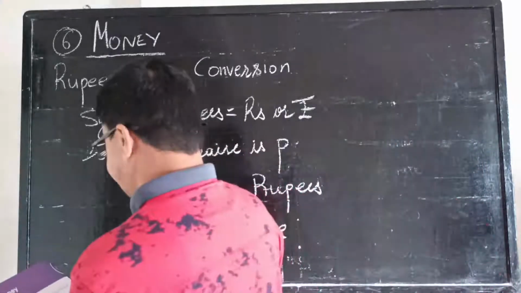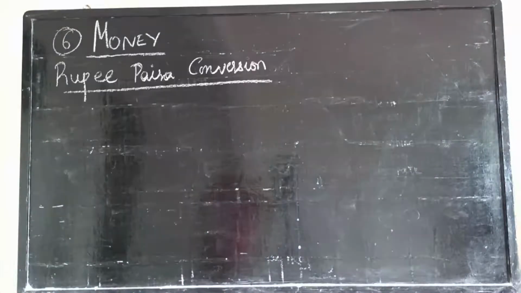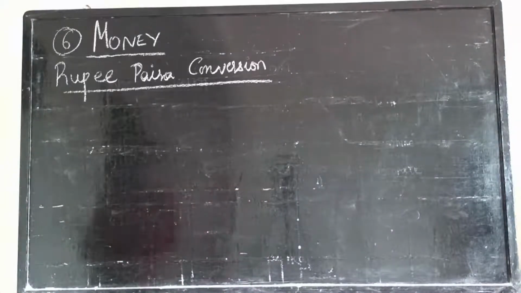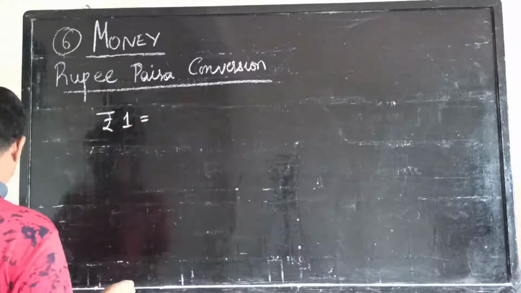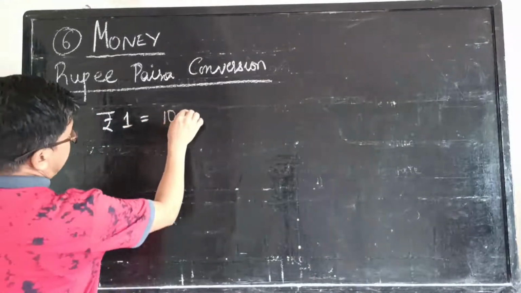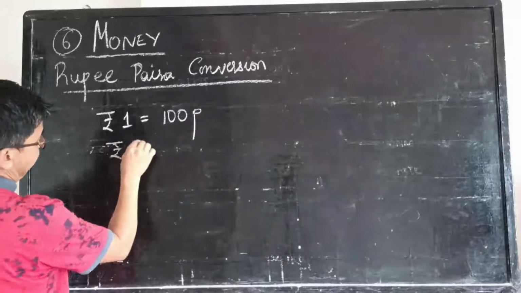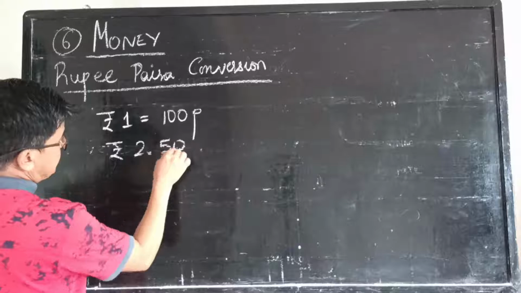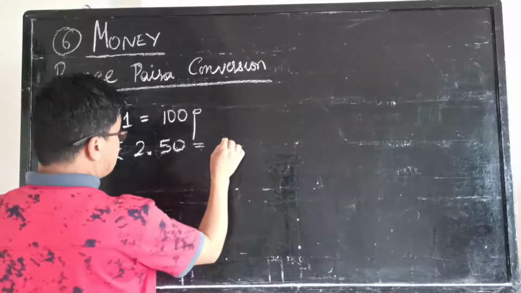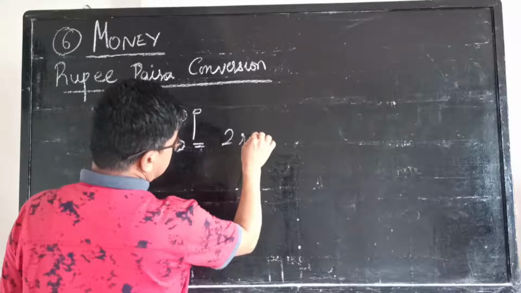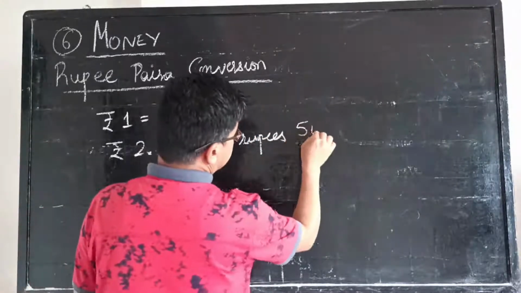Now look on the board. 1 rupee is equal to 100 paise. Then 2 rupees 50 paise, you can write this way, 2.50.